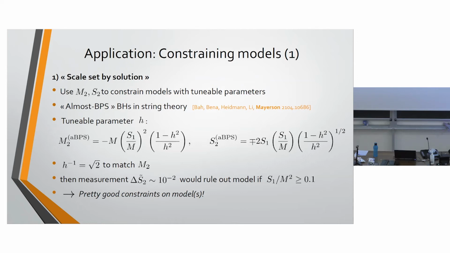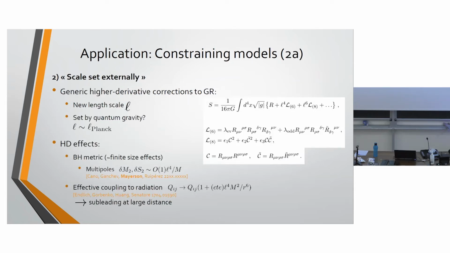Okay, so that's the scale set by the solution. If you want a scale set by the theory, which means basically it's an input in your Lagrangian, in this case we're looking at higher derivatives. In higher derivative corrections, you have to introduce a new length scale in the Lagrangian. So here I give you the schematic form. I don't include 4 derivative corrections, but you can.